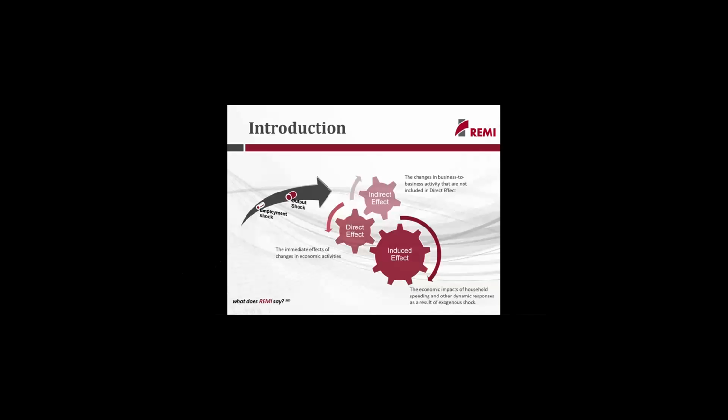Each component captures a different portion of the total economic impacts, and the sum of the 3 effects can be greater than the initial inputs. To better understand the economic impacts of shocks such as employment shocks and output shocks, it is crucial for us to have a base knowledge of what the direct, indirect, and induced effects demonstrate.